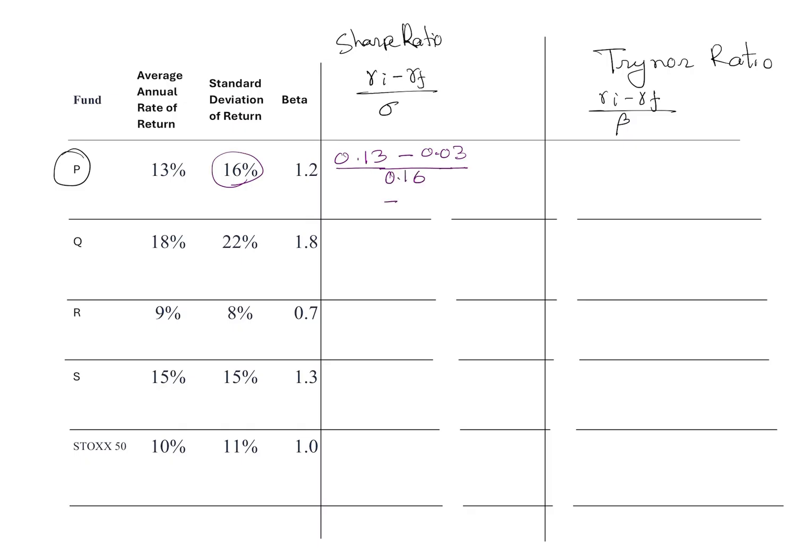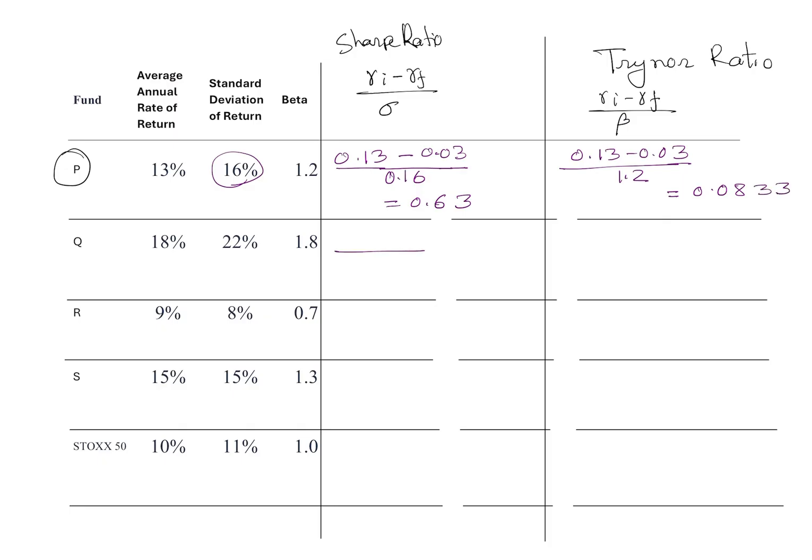This gives us 0.63. For the Treynor ratio, the numerator is the same, 0.13 minus 0.03, and the denominator is the beta, 1.2, which gives us 0.0833.